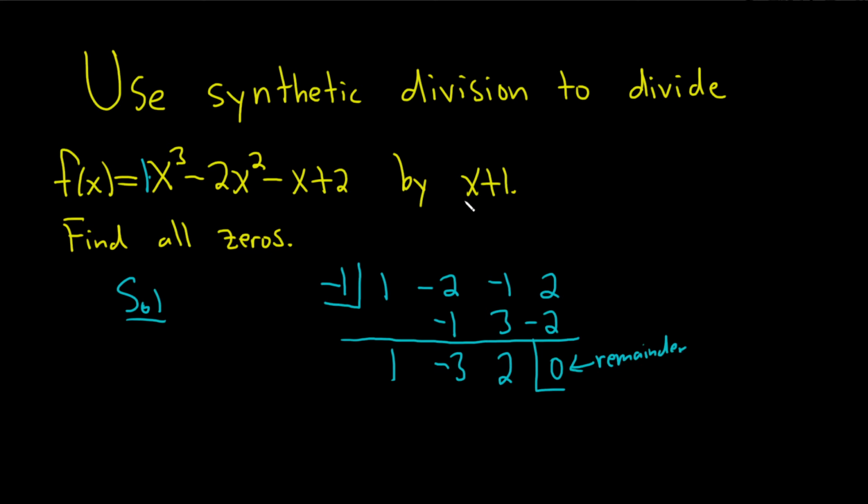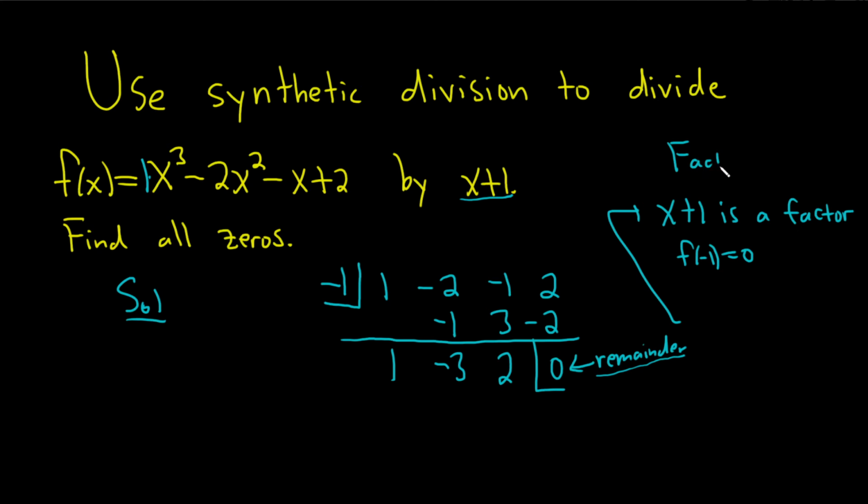And so because we divided by x plus 1 and the remainder is 0, it means that x plus 1 is a factor. It also means that if you plug in negative 1 into this function, you get 0. This is called the factor theorem, if you're curious.